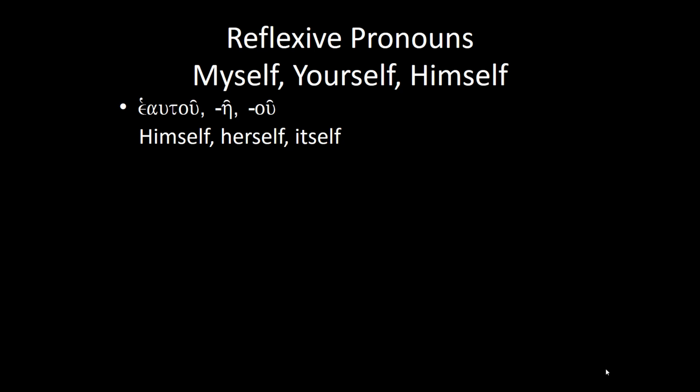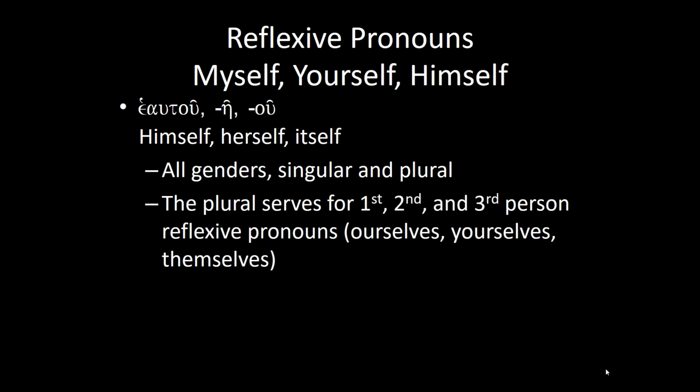So this one I'm giving you masculine, feminine, or neuter. Heautou, heaute, heautou. These would be different forms, masculine, feminine, neuter. So this occurs in all genders, and it occurs singular and plural. So it would just run down these normal endings you've already seen.